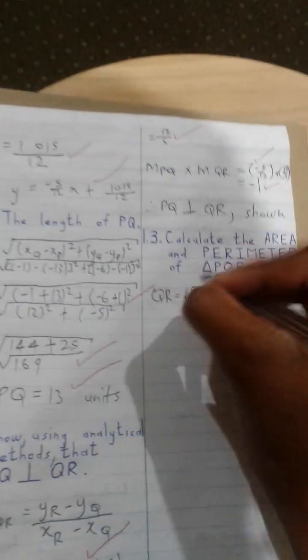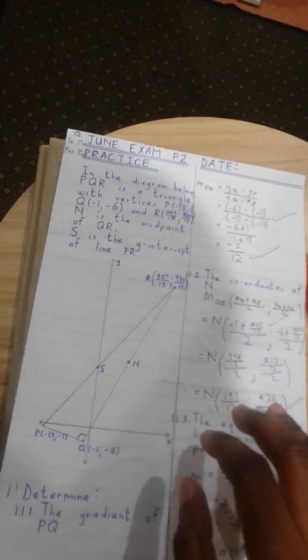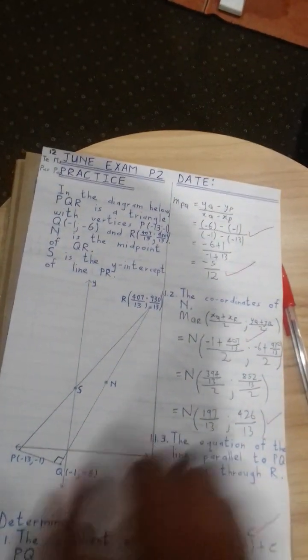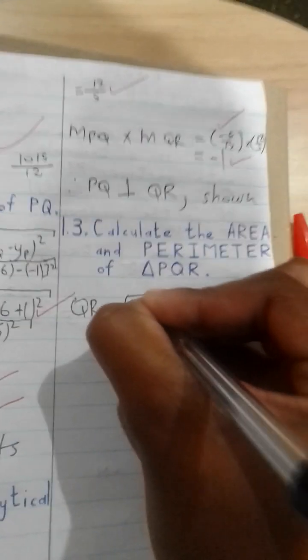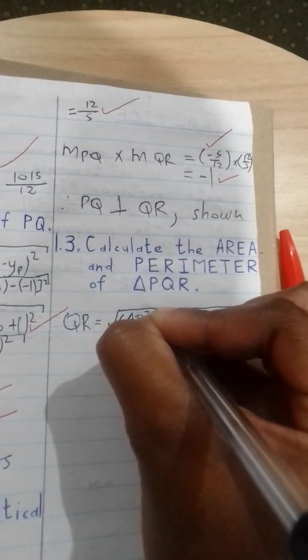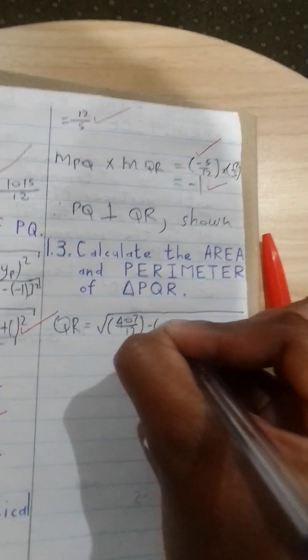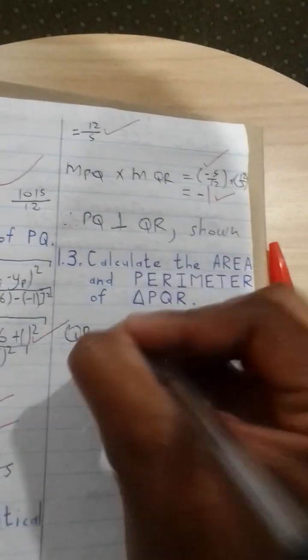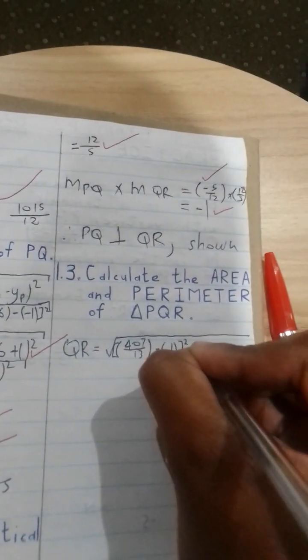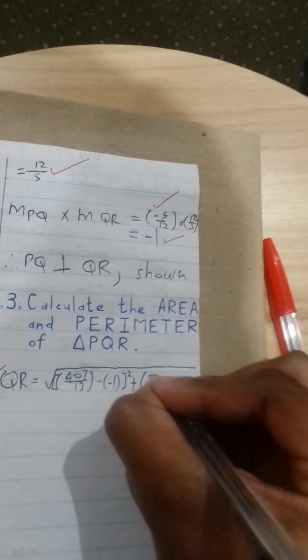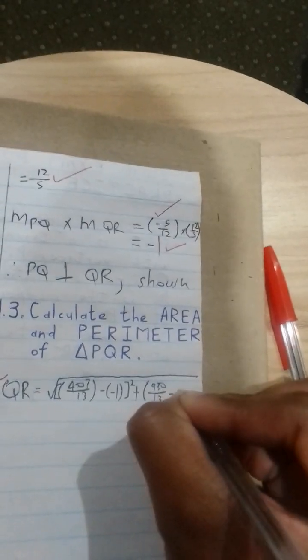So it's XR minus XQ, 407 over 13 minus negative 1, squared, plus 930 over 13 minus negative 6.